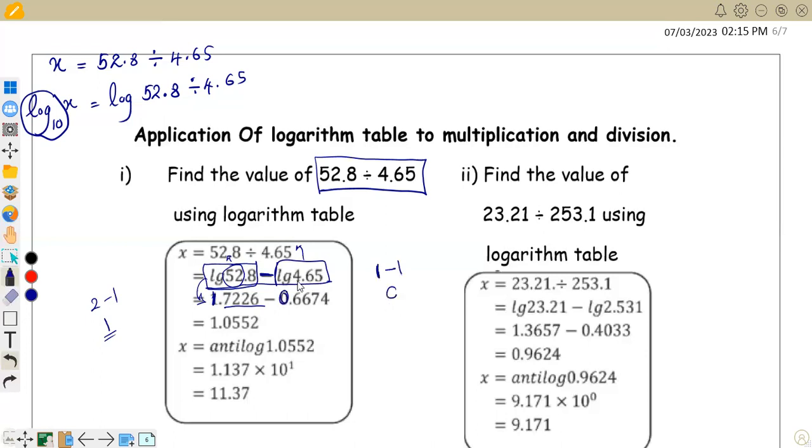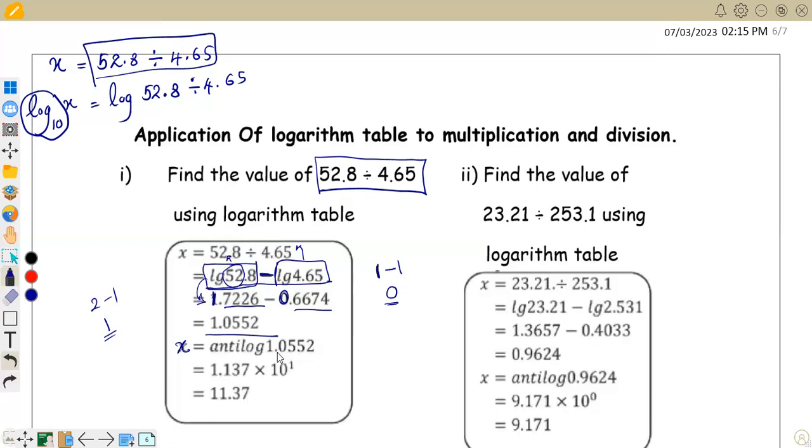Then in the fifth column of the 46th row is 6674. Then subtract. Then you have to check to find the x. Find x means this value. You have to take the antilog. Antilog means the corresponding value to the logarithm 1.0552.